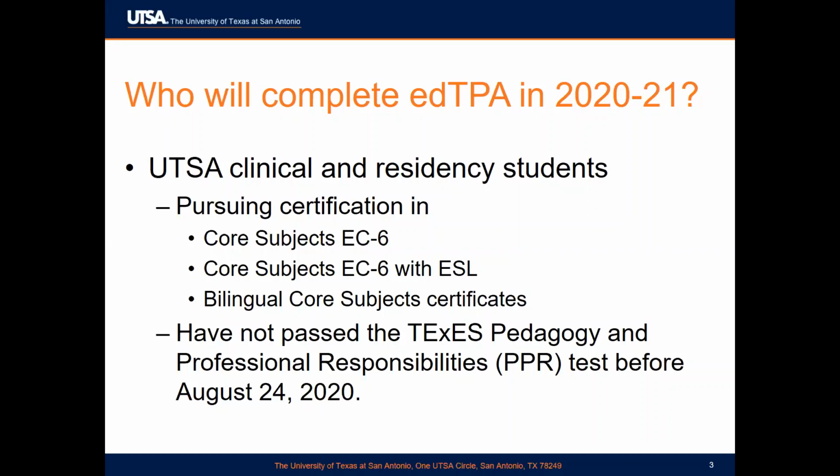So if you want to write that date down, take a picture of this slide. But if you have not, or you will not successfully pass that test by August 24th, you will need to complete edTPA.